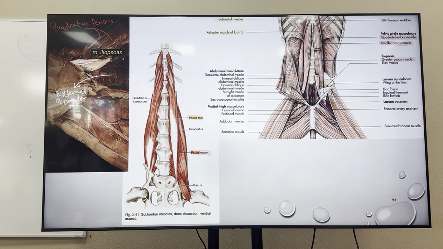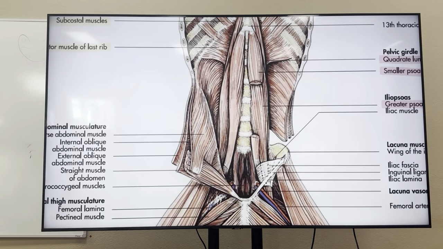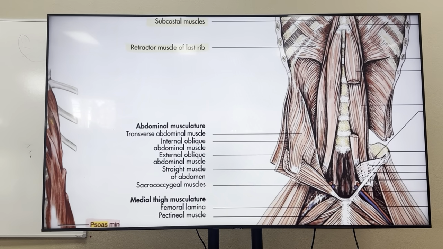So we are not going to worry about this muscle. Hopefully next semester when we dissect the abdominal cavity, we'll be able to see this muscle, and we'll be able to see this muscle as well.